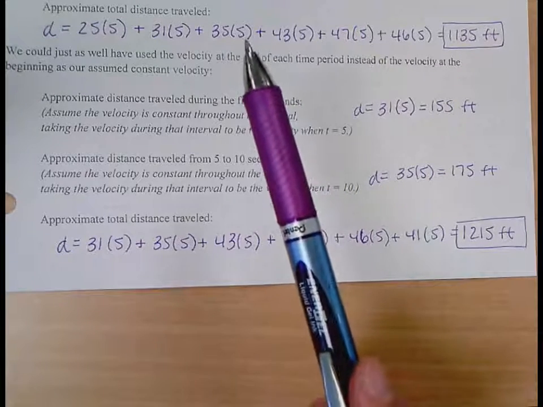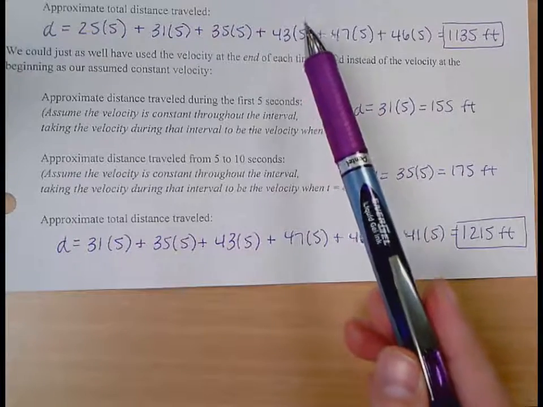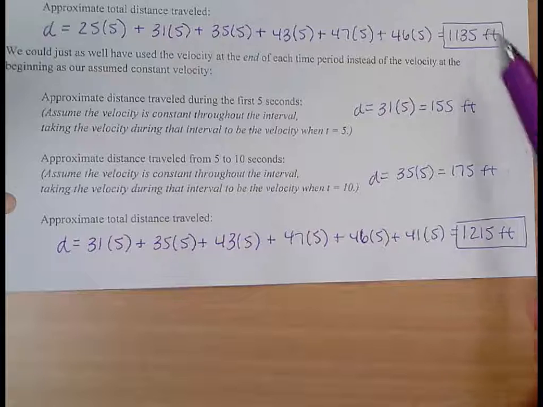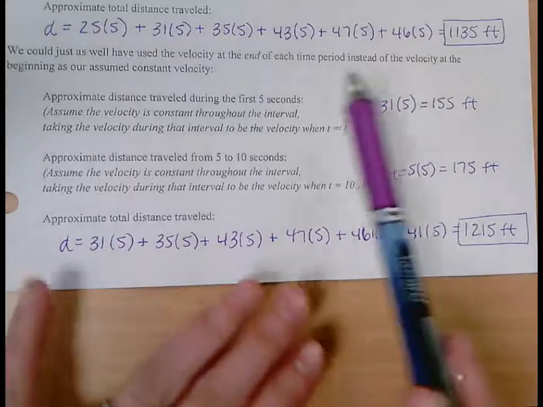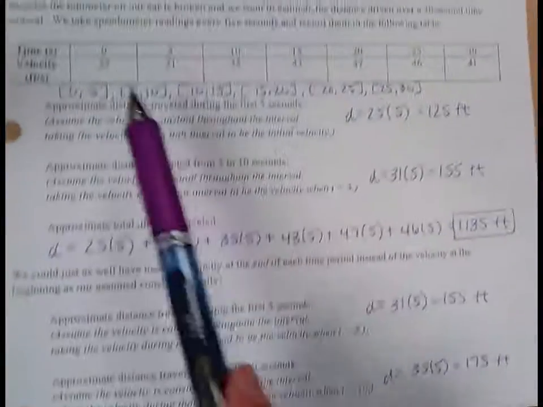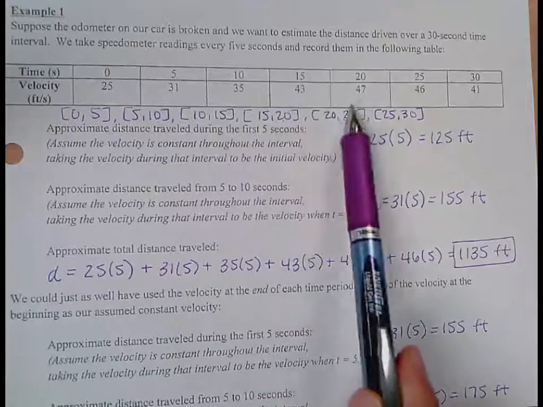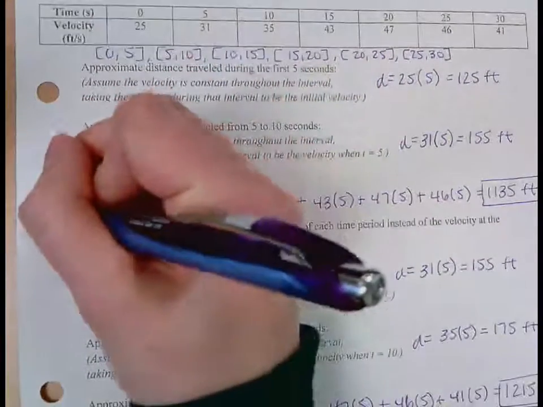Now, that's an underestimate. This might remind you from Monday of 2 of the 3 approximations we found with right and left endpoints. This first one, if we use the velocities as the initial velocities in each time interval, is the same as calculating with the left endpoints.